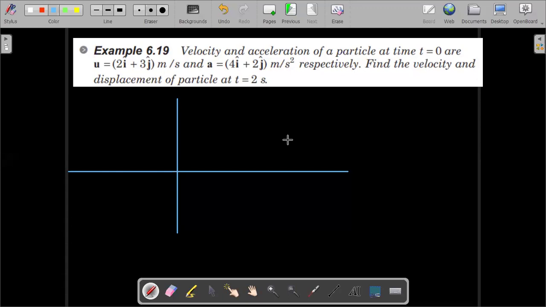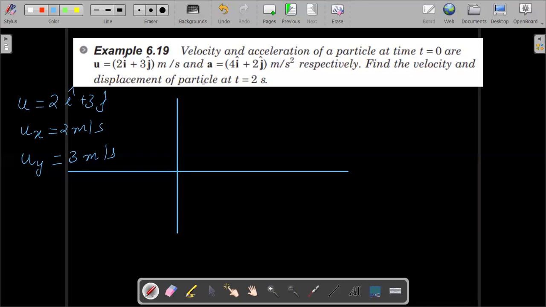Shall I explain this to you, Ishan? Yes, sir. See, u means the initial velocity. You are given the initial velocity u as 2 i cap plus 3 j cap. So I write my velocity along the x direction to be 2 meter per second and along the y direction to be 3 meter per second.